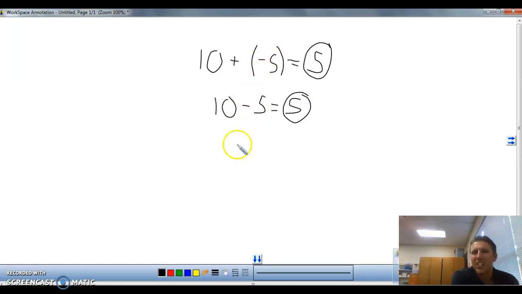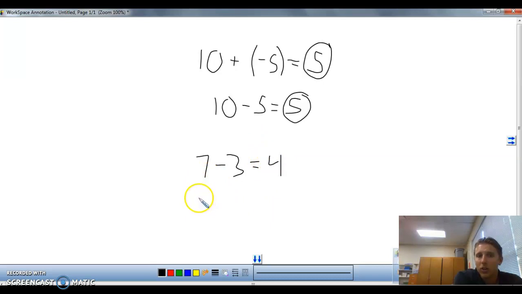Okay, now we're going to kind of do the opposite today, because we're working with subtracting numbers now. So we could have something like 7 minus 3. Well, you guys have known this for a while, what 7 minus 3 is, right? You're just taking 7, taking away 3 from it, and you get 4, right?